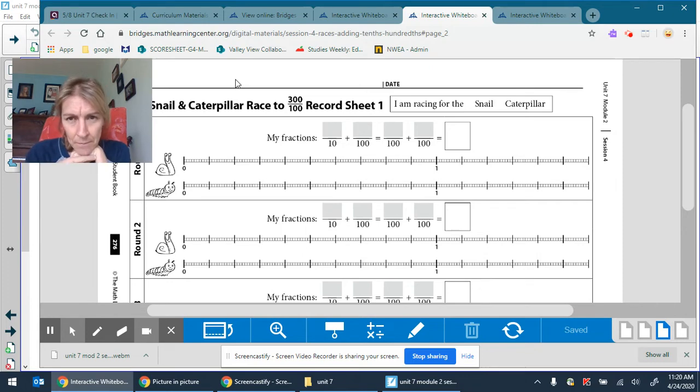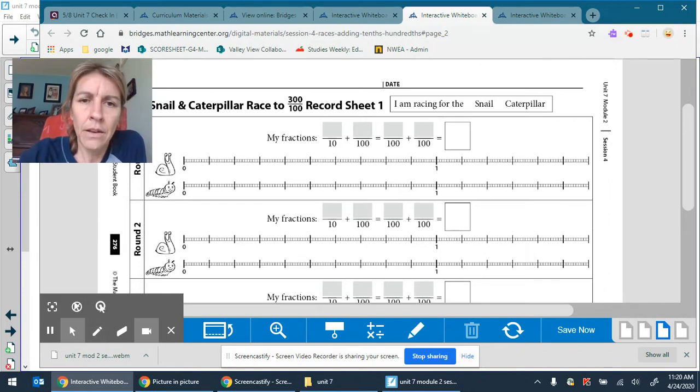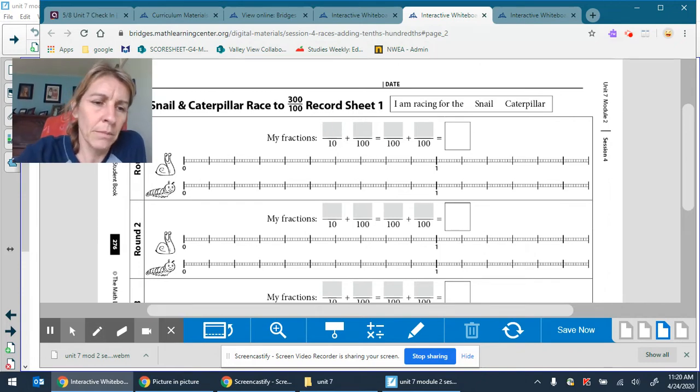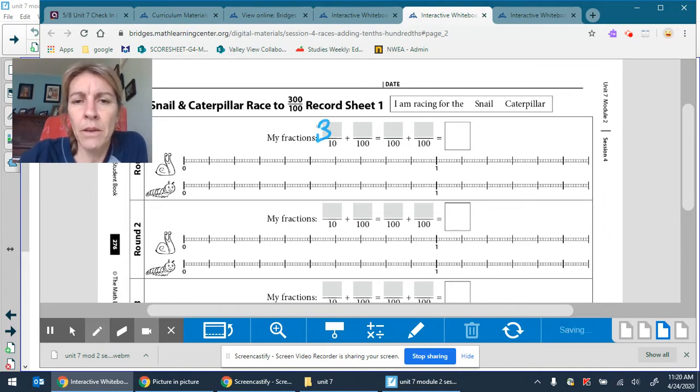You'd be racing with a teammate, and you'd have to add fractions that you create with either, I can't remember if we roll a dice or you put a number on top. So if I spun a 3 here, I do the 3 here, and then I rolled a 5.